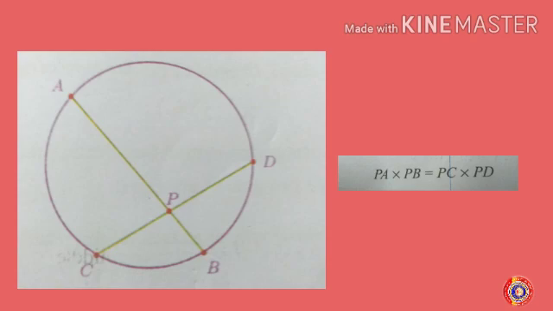They intersect within the circle at a point P. Then the relation is PA into PB equal to PC into PD. PA and PB are the parts of the first chord AB and PC and PD are the parts of the second chord CD.